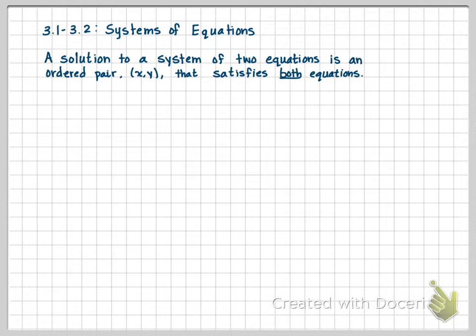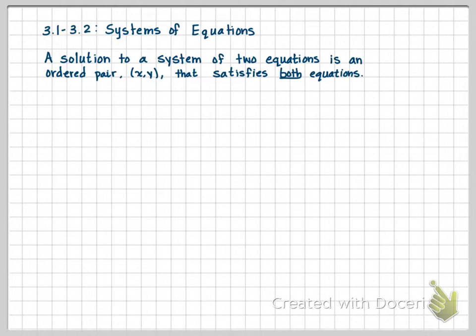So anytime you're solving a system, you're looking for a solution, or you're looking for something that's a solution to all of the equations in the system. Like I said, we're just going to focus on having 2 equations. So our solutions will be ordered pairs, so an X value and a Y value.